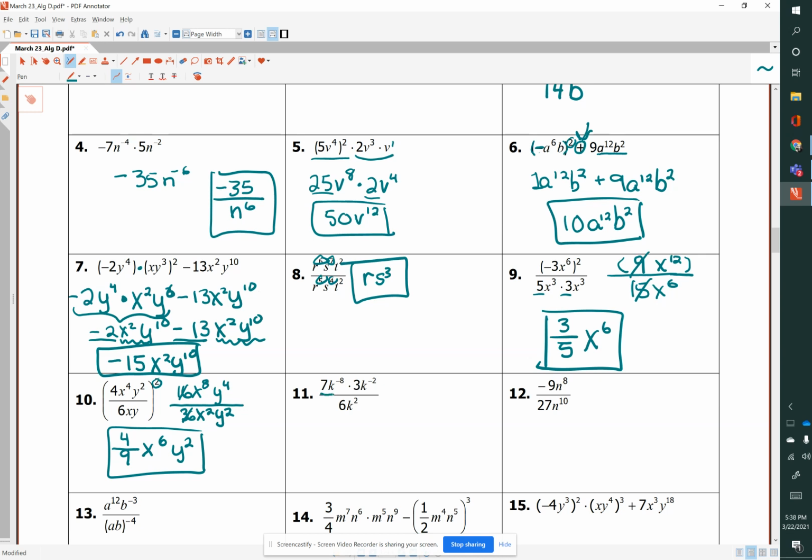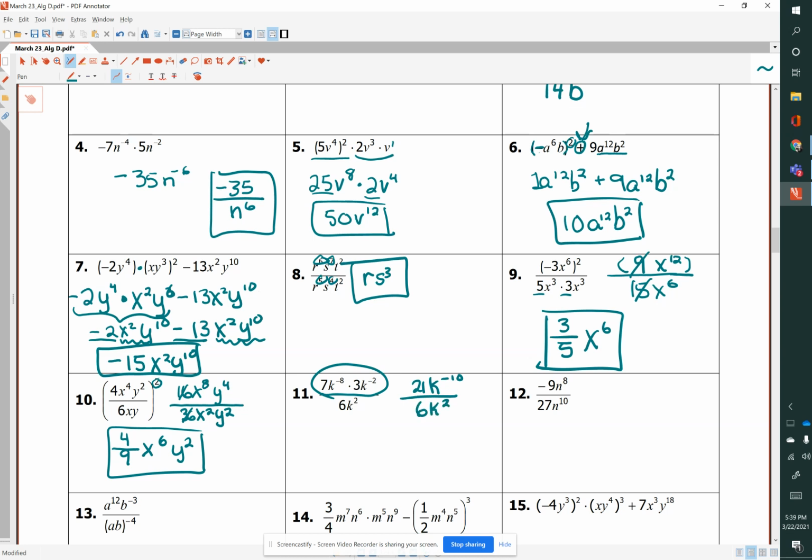Number 11, we'll work with this numerator first. 7 times 3 is 21. K, negative 8 minus 2. Remember, we add the exponents, so that would be a negative 10 over 6k to the 2nd power.